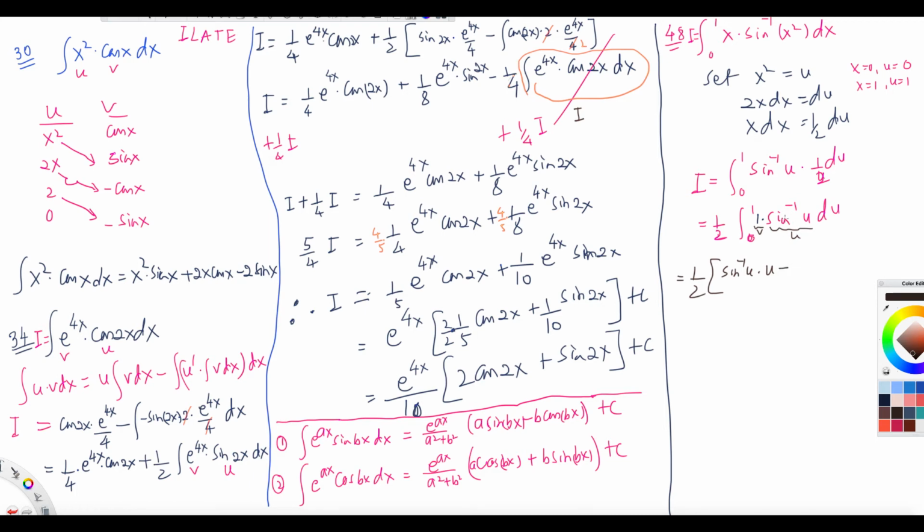What is the derivative of that one? The derivative is 1 over the square root of 1 minus u square, and the integral of v is again u. And then du, the limit is 0 to 1. These limits are for u.